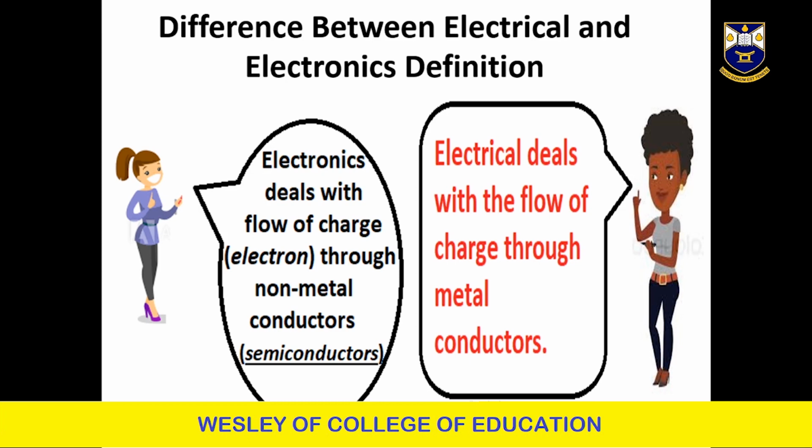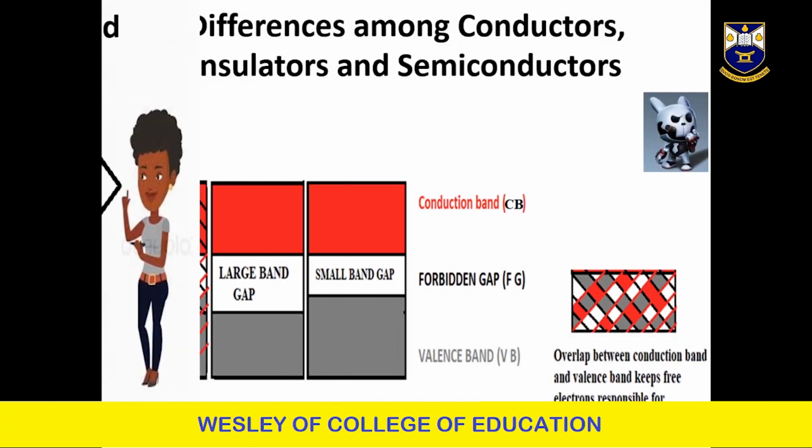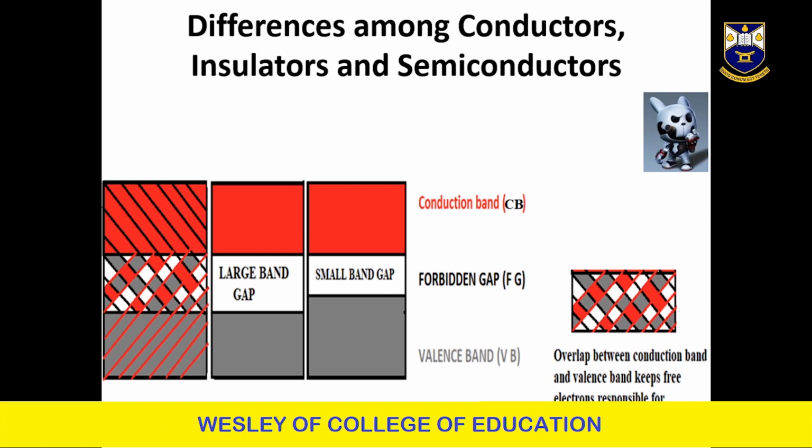So whereas in electricals, electrons move through conductors, in electronics, we have these electrons moving through semiconductors, and we shall look at what these terms mean. We have to distinguish amongst conductors, insulators, and semiconductors to get a clear understanding of what we mean by conductors, insulators, and semiconductors.